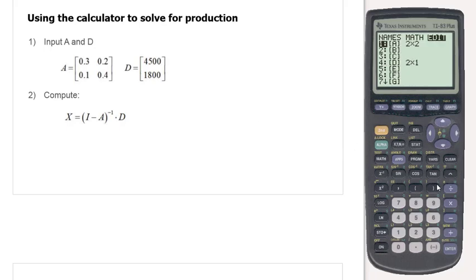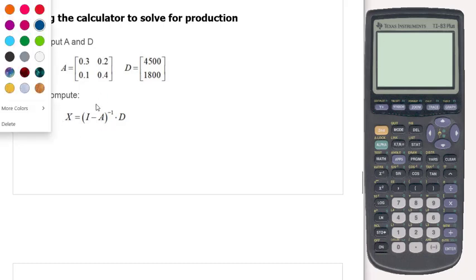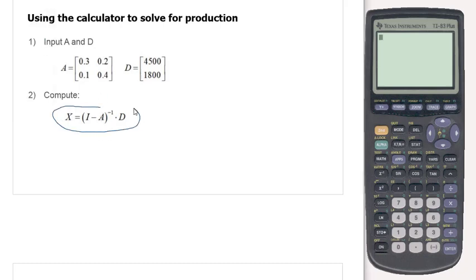D is a 2 by 1 matrix, and I'm going to have 4,500 and 1800. Okay, so now I just need to enter this into my calculator so that I can solve for my X.